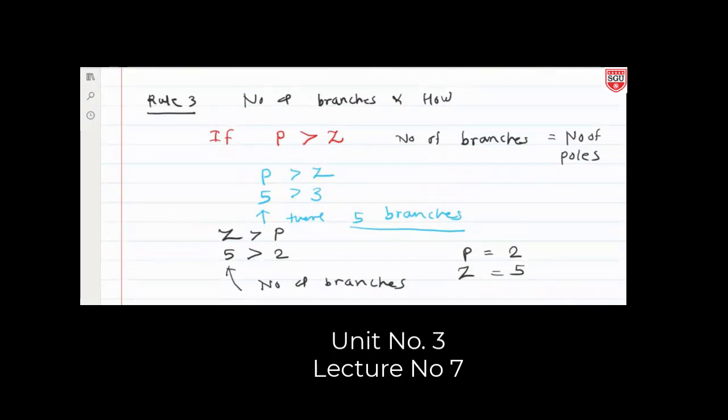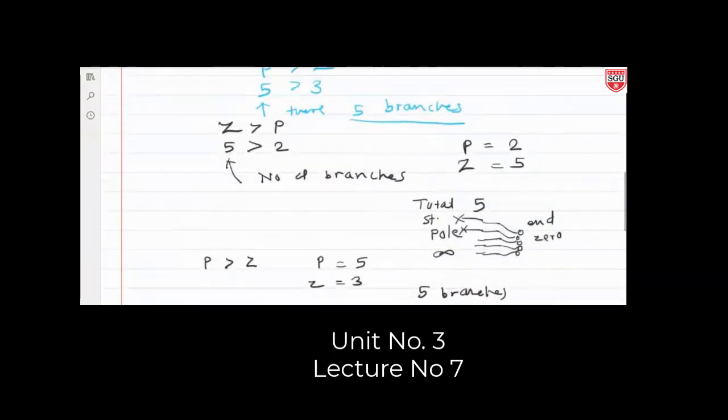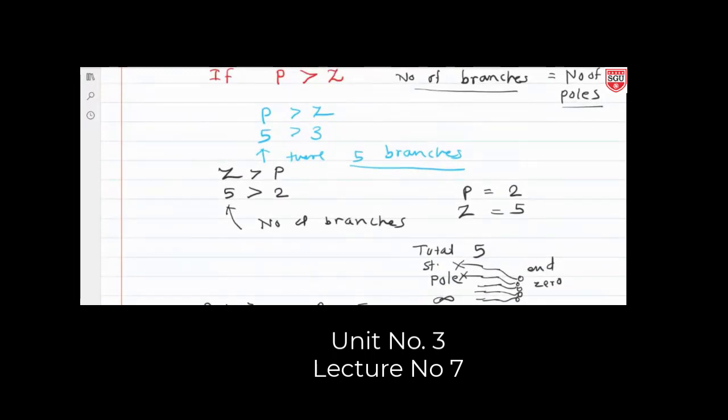Then rule number 3, which we saw last time: the number of branches. How many are there? There are two conditions. First, if poles are greater than zeros, then the number of branches is equal to the number of poles. In the other case, where zeros are greater than poles, the number of branches will be equal to the number of zeros.